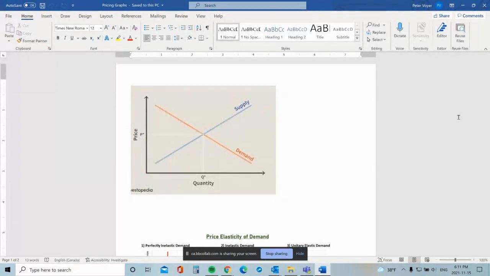Without getting into the details, we have that direct relationship between price and quantity, which is supply, and the supply curve. And on the flip side, we have our demand curve, which is an inverse relationship between price and quantity demanded, suggesting that the higher the price goes, the lower the quantity demanded is. Makes sense. We know that.